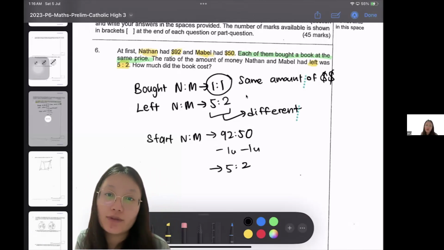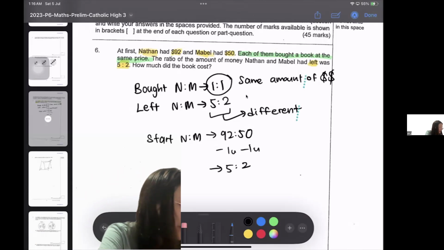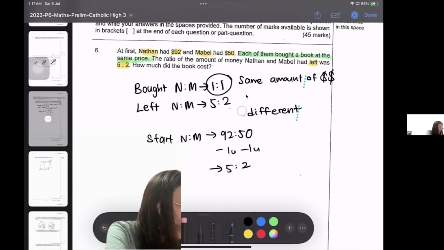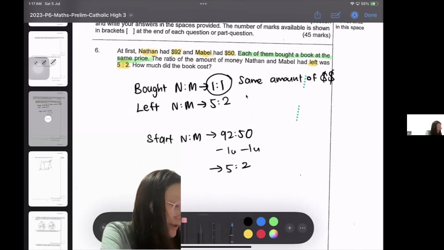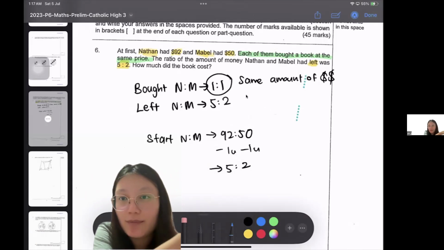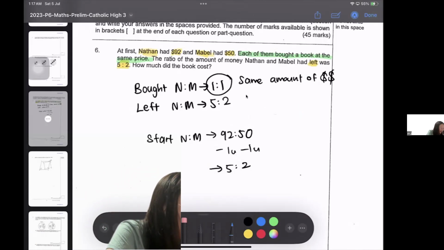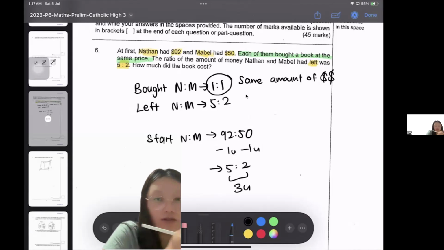So that means you don't have to think about equivalent ratio actually. You can just use your observation. So because the 1 unit and the 1 unit is the same amount of money, that means any difference in the remaining amount is basically the difference that they had in the start. Okay, so if you see here, the difference in the remaining ratio is 3 units, okay? 3 units different.